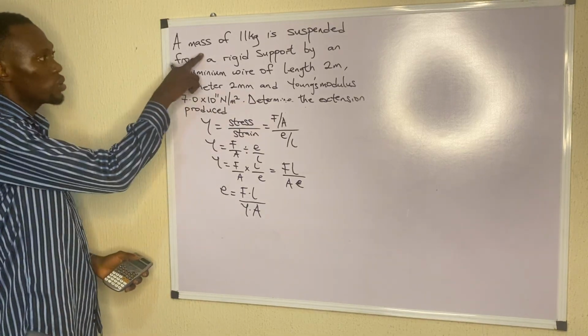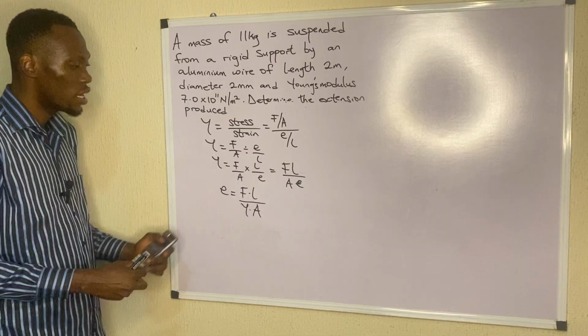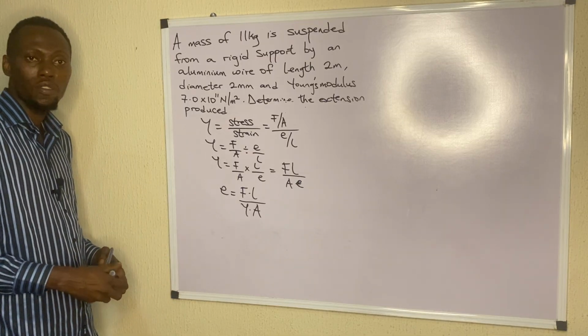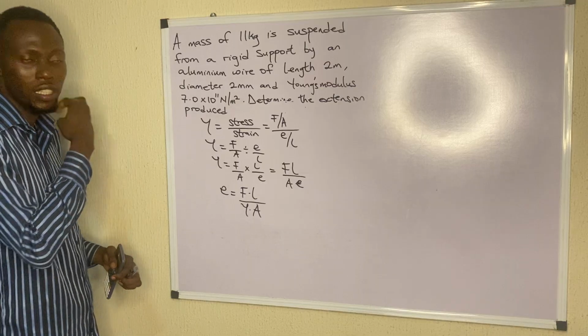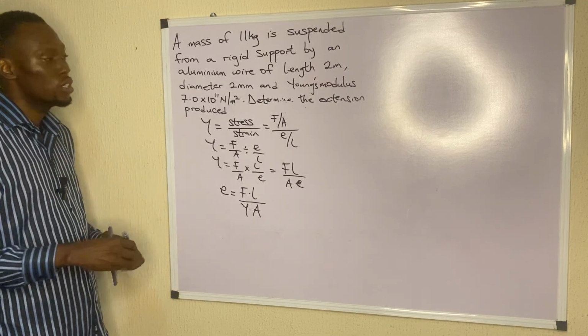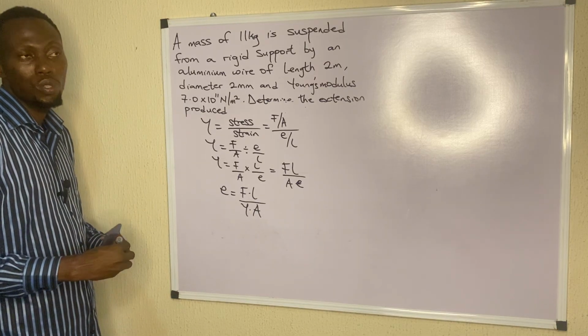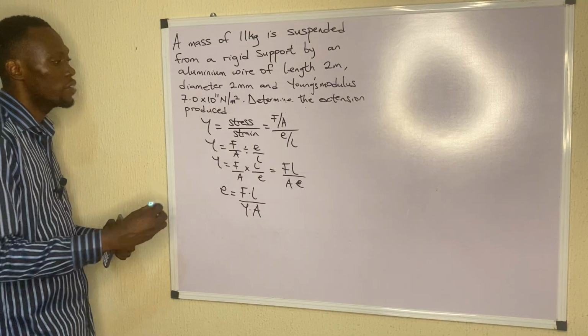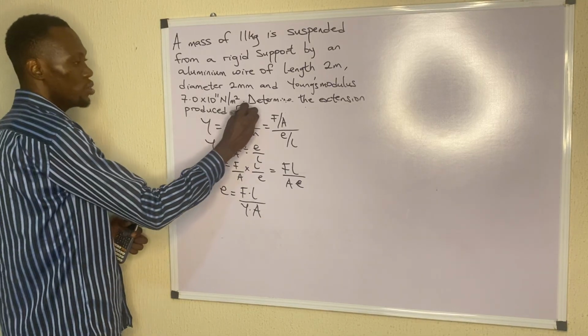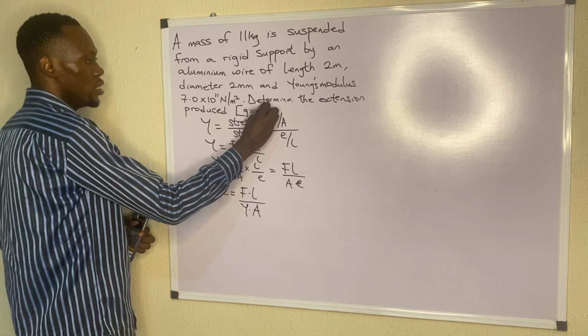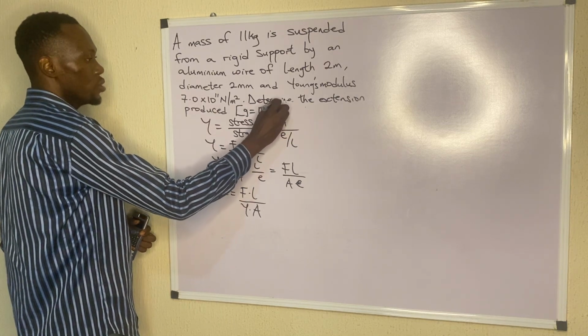But what was given was mass, and what was asked is force. And what's the formula for force? Force is mass times acceleration. And since we are talking about Hooke's law, we will take our acceleration due to gravity to be 10 meter per second square. In the exam condition, you see something like this: g is equal to 10 meter per second square.